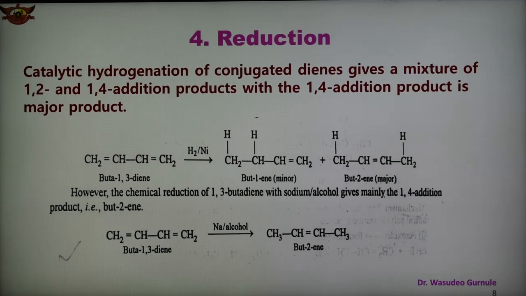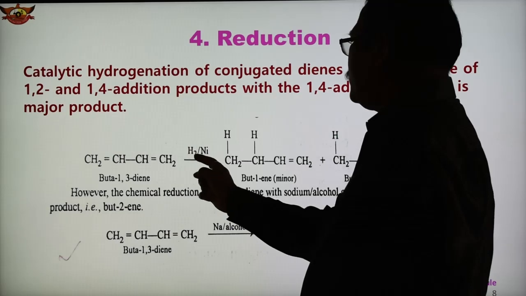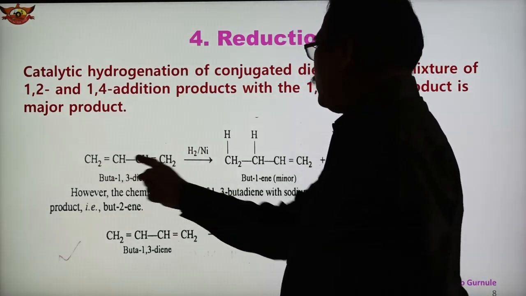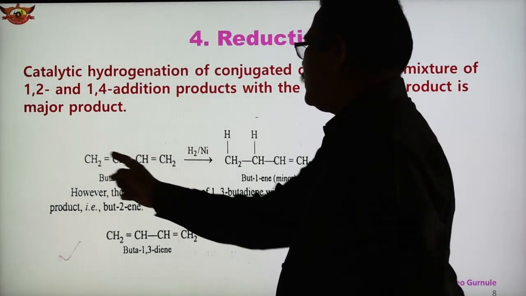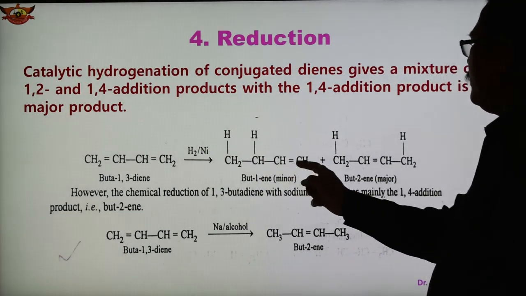See here, nickel is the catalyst, and hydrogen is added across a double bond. One hydrogen is added here, the second is added here, and the remaining stays as it is.